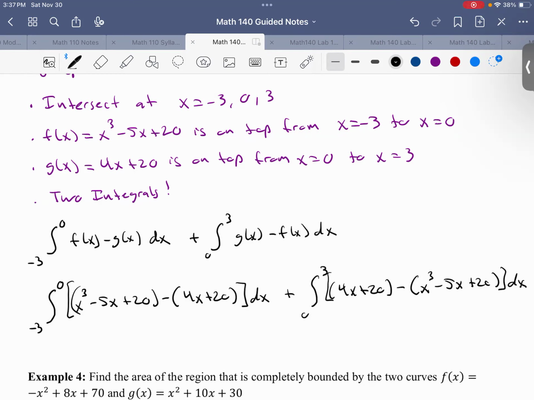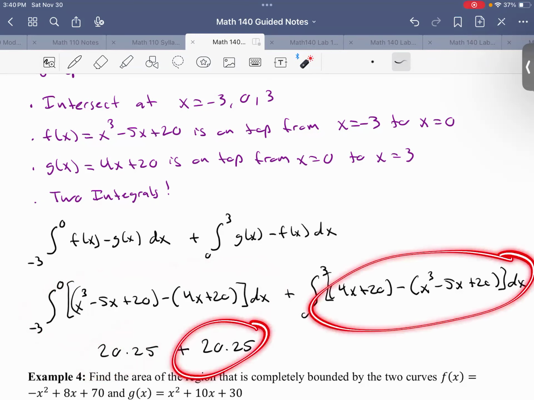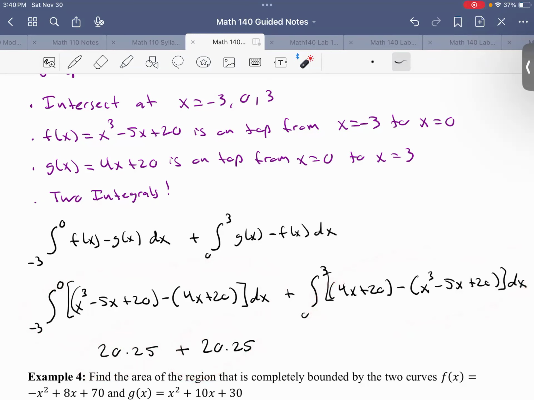I'll give you guys a moment to try out both of these integrals, same way we've been doing, and you can verify your answers in a second. Okay, welcome back. Hopefully for the first integral from -3 to 0, you got 20.25. And your second integral from 0 to 3, you should have also gotten 20.25. Double check your work if you didn't.